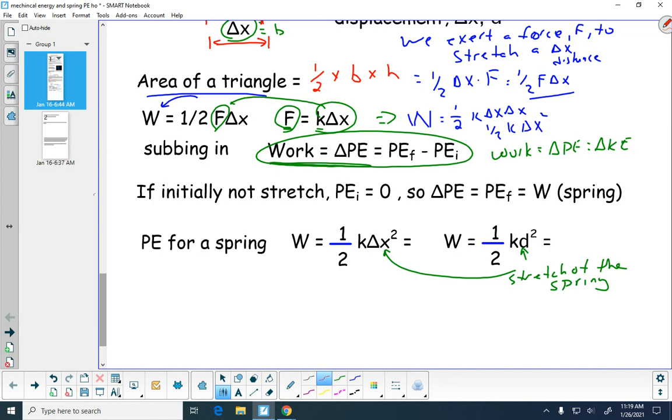And then the potential energy of the spring is equal to the work done on the spring, and work is equal to 1/2 K times delta x squared, or D squared. Again, those are things you should have. Force is equal to K delta x.